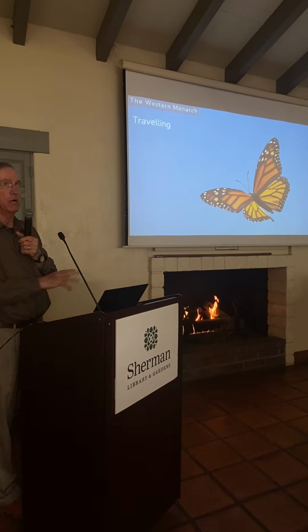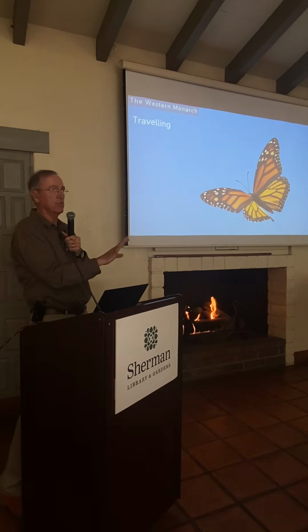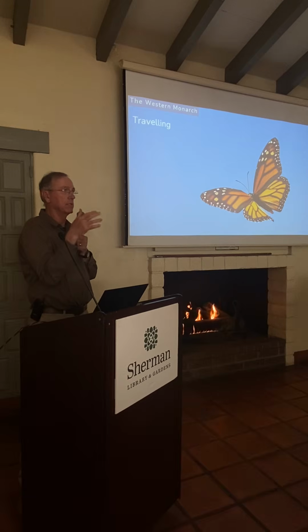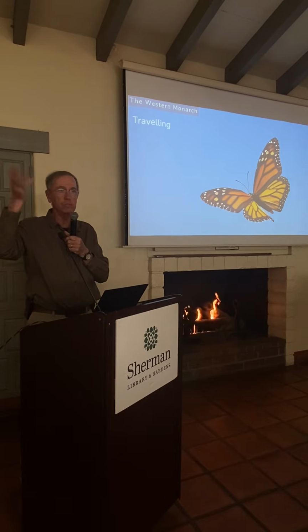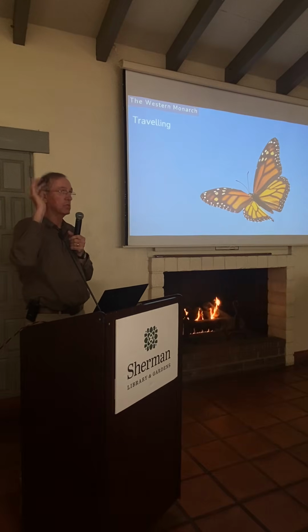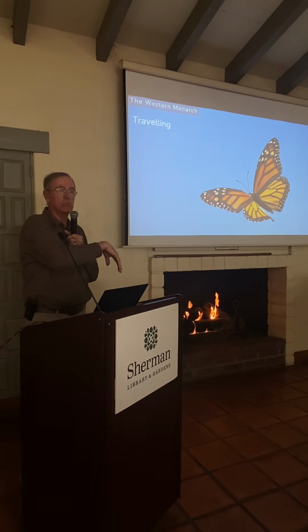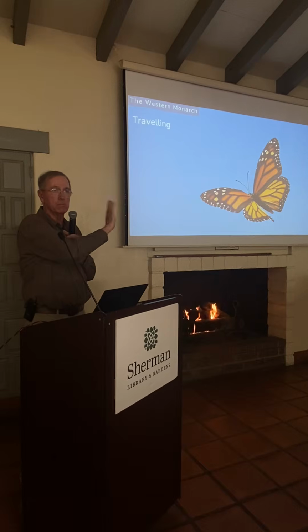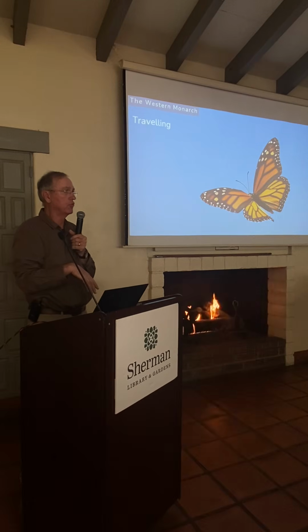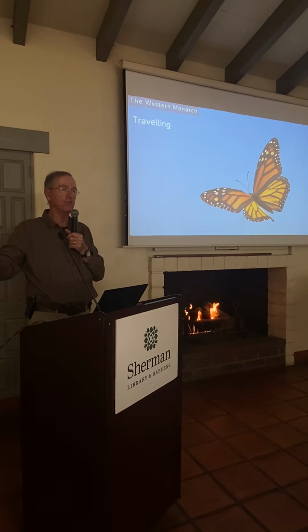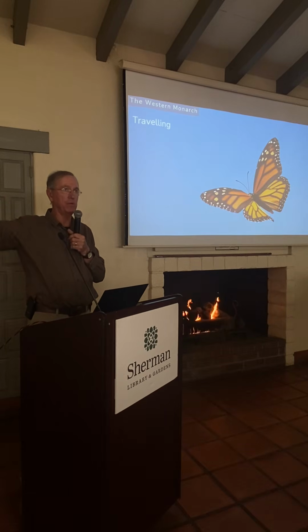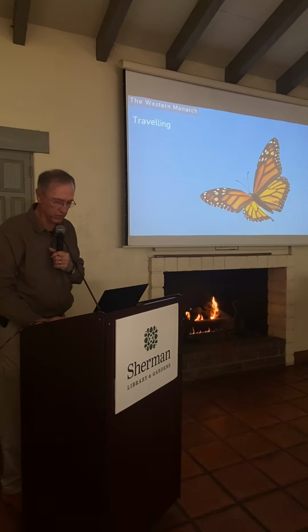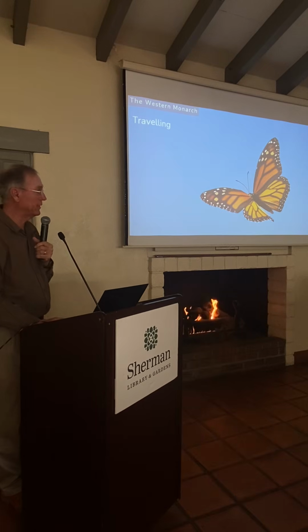Now, we'll talk about where that travel is in just a second, but it might be traveling from here in Newport Beach, where it may have hatched, or it might have hatched somewhere in the desert or in the Great Plains, or who knows where. But it's traveling as soon as it emerges and mates. It's moving across the country. And it's doing that on migration.